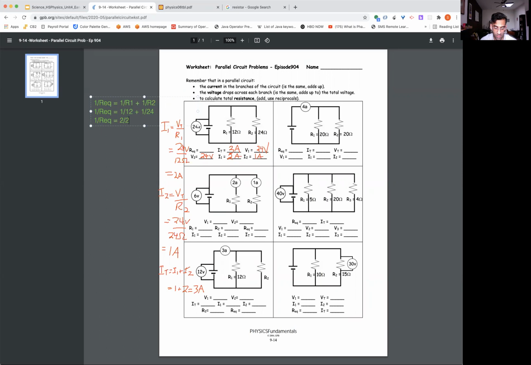Get 2 over 24 plus 1 over 24. Sorry, I'm getting ahead of myself, because when I add those together, I get 1 over REQ is equal to 3 over 24. And now I flip it. REQ over 1 is the flip of that fraction, and that's just REQ, and that is 24 over 3, and that equals 8 ohms of resistance.